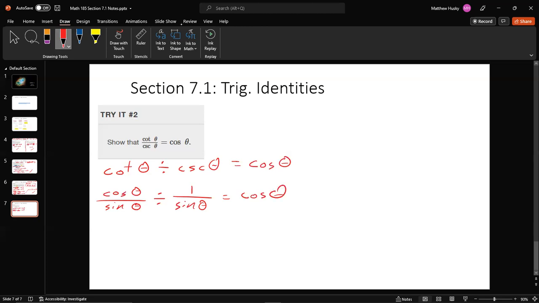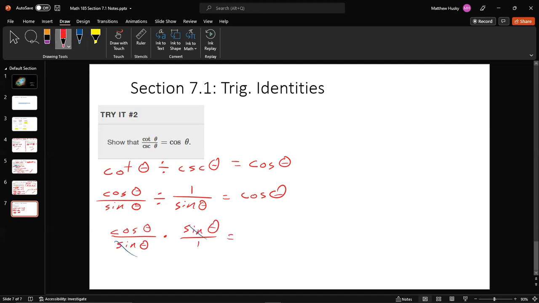And then we did this trick before, but when you are dividing with fractions, you're supposed to multiply by the reciprocal. So that means we're going to do cosine theta over sine theta, multiplied by sine theta over 1. And then as before, sine will cancel out with sine.